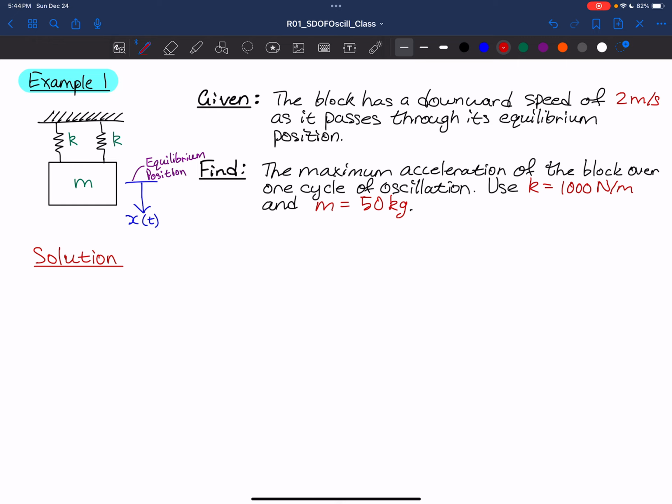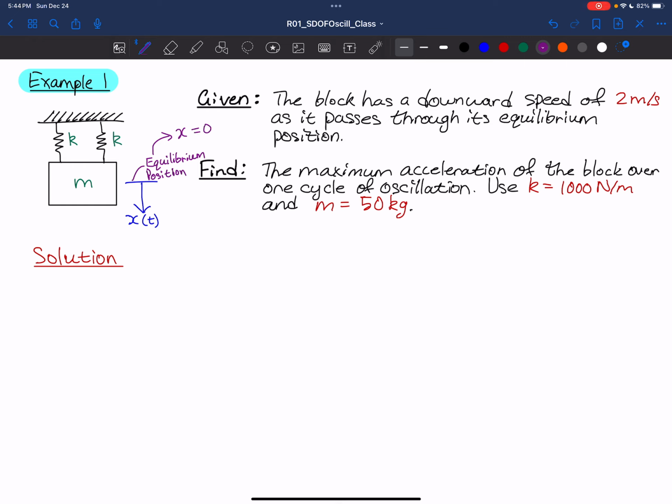Okay, so the first thing that I think about is we don't know what the initial conditions were that started the motion of this oscillator. We only know what is happening when it passes through its equilibrium position, and that is that it has a speed of 2 meters per second. So in the equilibrium position, we can say here that the displacement is equal to 0.